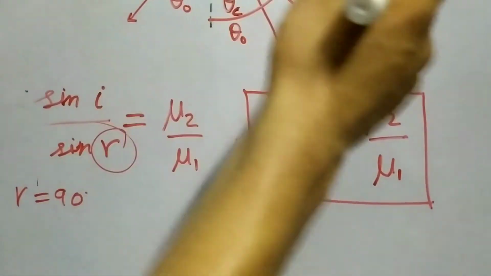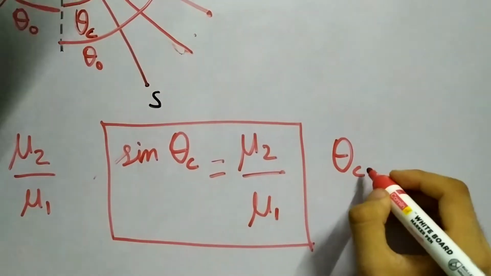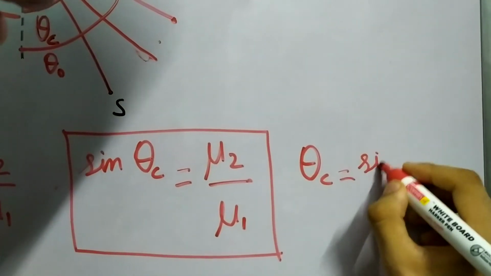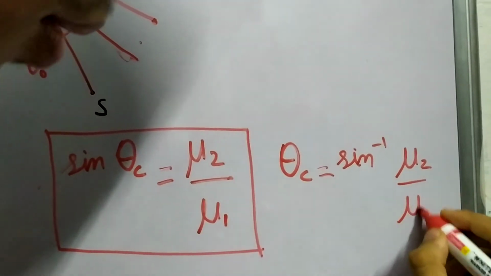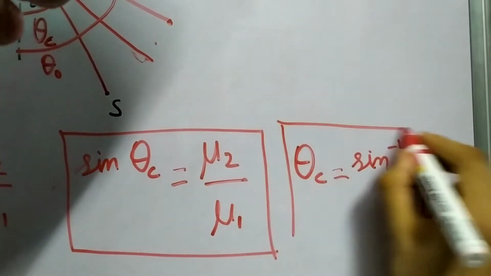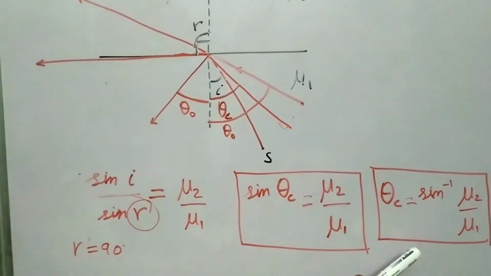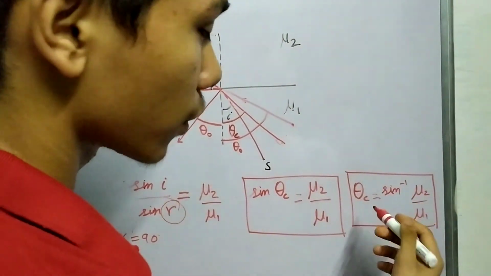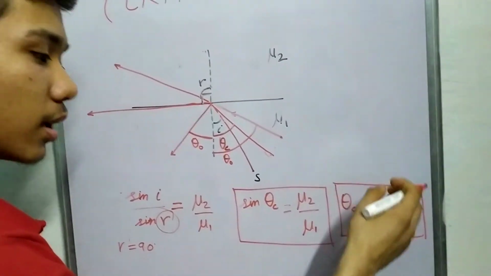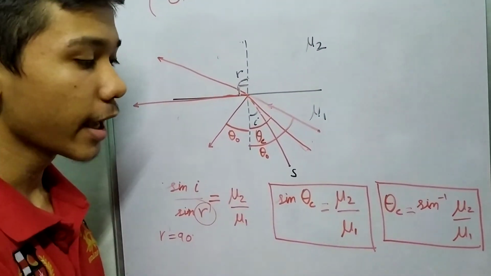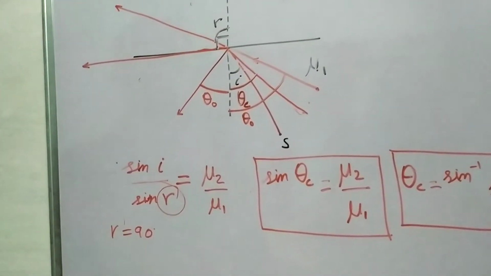And of course then sine will go there, and as I discussed in my trigonometry videos, theta c will be nothing but sine inverse of mu2 by mu1. So those who have encountered sine inverse for the first time, sine inverse tells you that, okay, give me a numerical value and I will give you an angle.